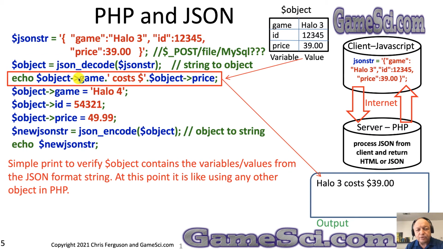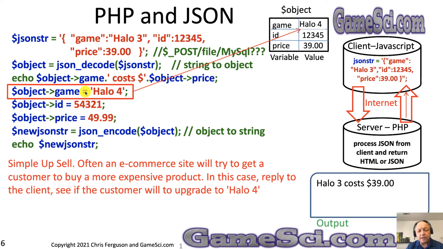Echo $object->game . " costs this amount " . $object->price. This is a simple print to verify that $object contains the variables and values from the JSON format string. At this point, it's like using any other object in PHP. The data is coming from the object and going through the echo out to the screen. Halo 3 costs $39.